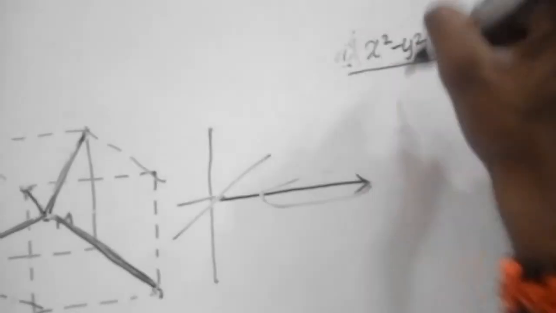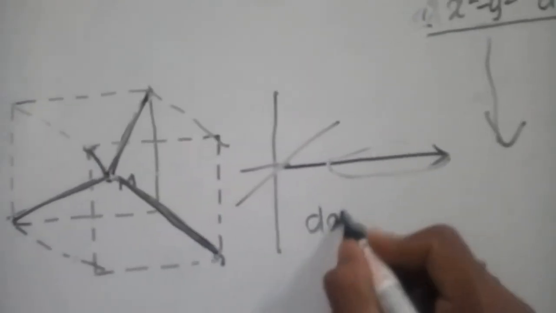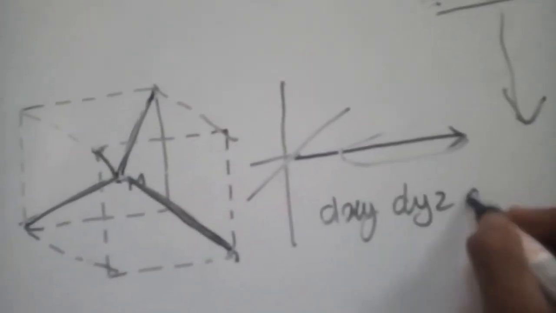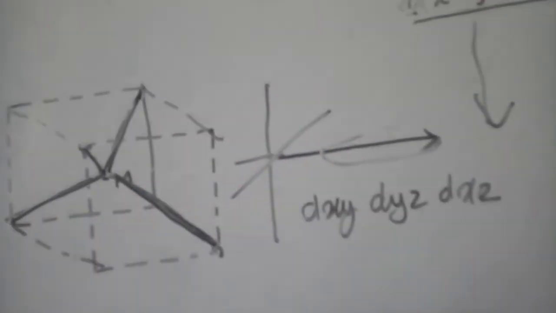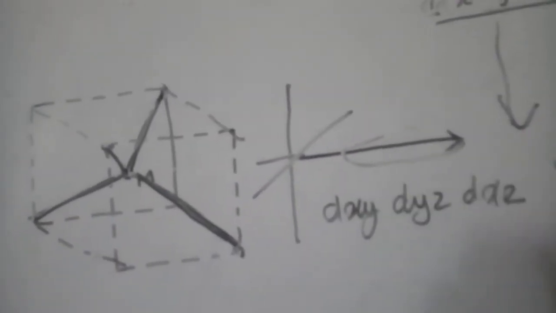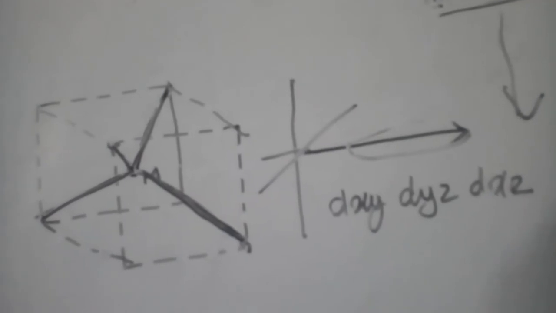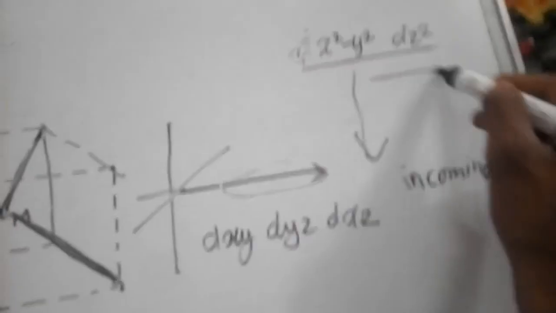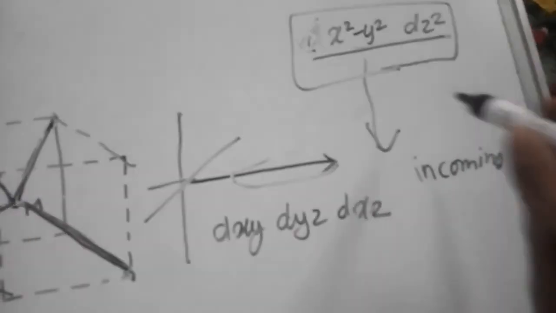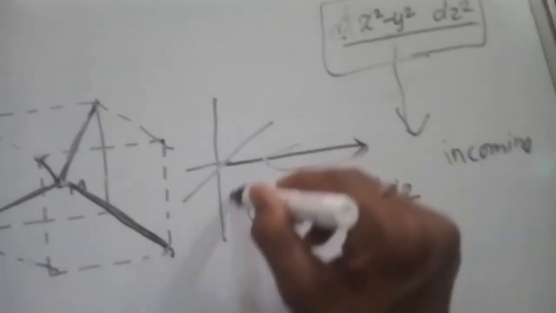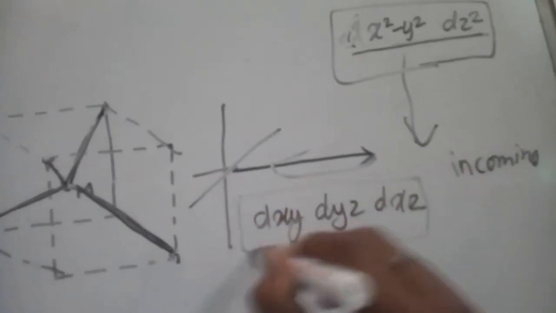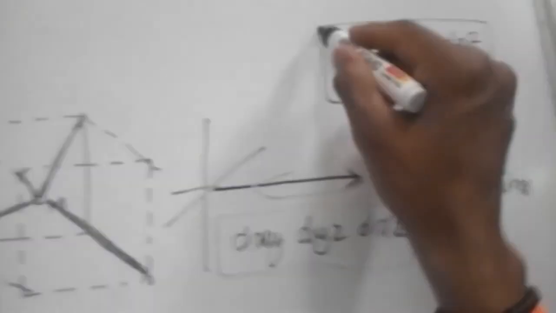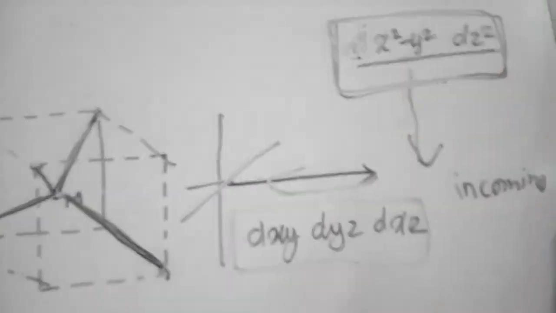That's why their energy will decrease, and the orbitals which are present between the axes, that is dxy, dyz, and dxz, will overlap more or interact more with the incoming ligands than the dx square minus y square and dz square orbitals, and this will lead to an increase in the energy of dxy, dyz, and dxz orbitals, and a decrease in the energy of dx square minus y square and dz square orbitals.